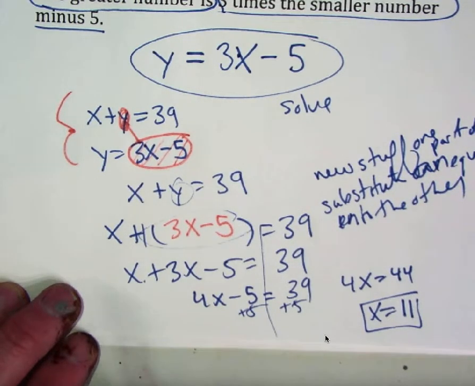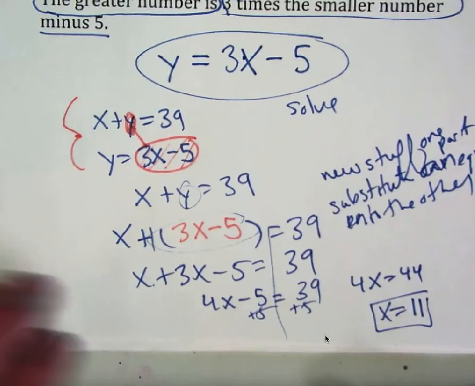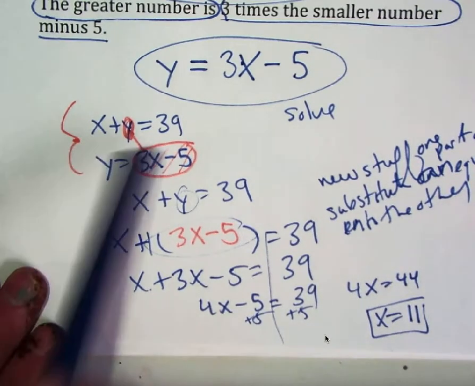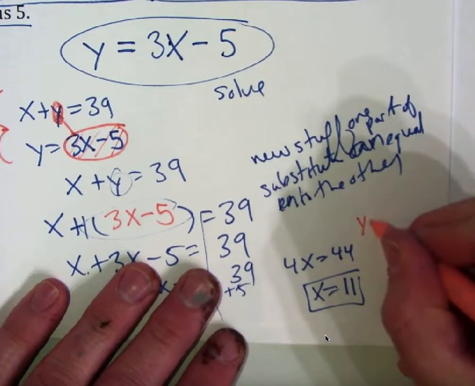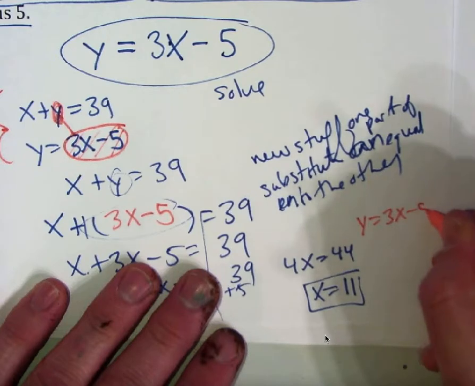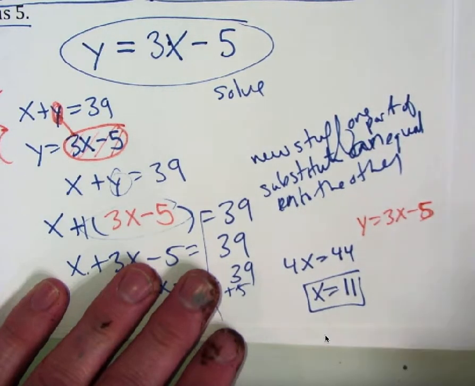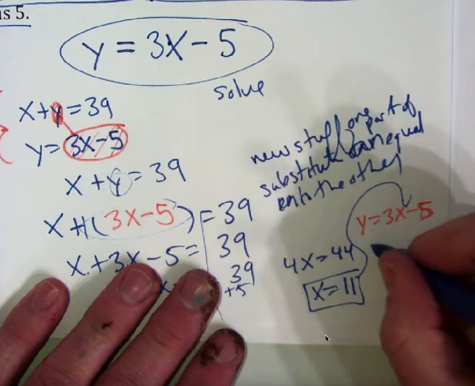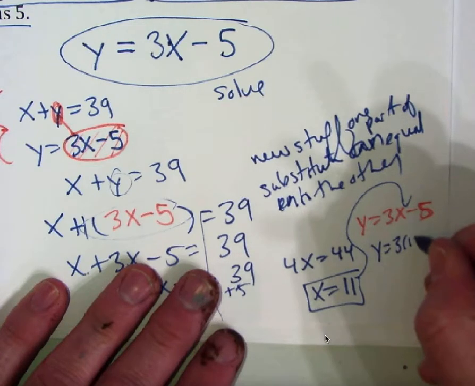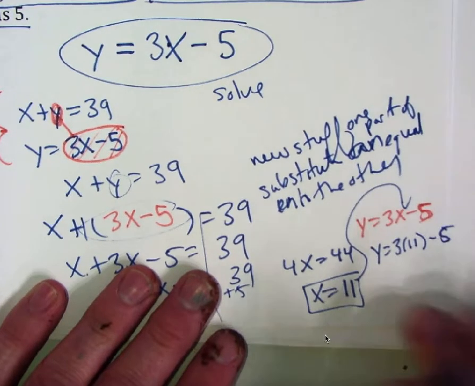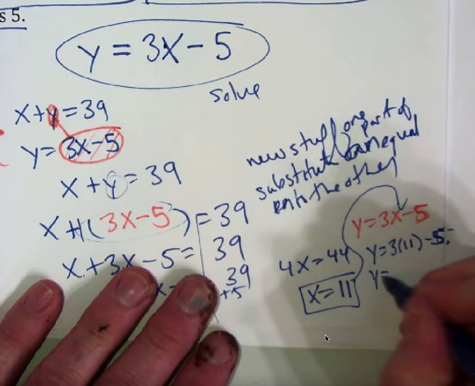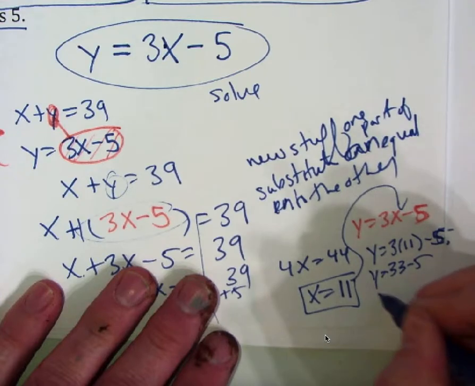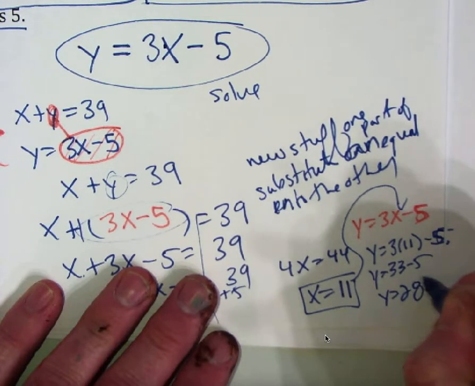Okay, now we just need to know the other number, and then we have this problem solved. I'm going to take the second equation, because it's right there, and it tells us what y equals. So y equals 3x minus 5. Plug 11 in. y equals 3 times 11 minus 5. 33 minus 5. y equals 28.